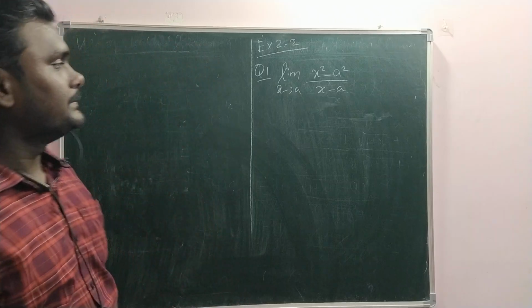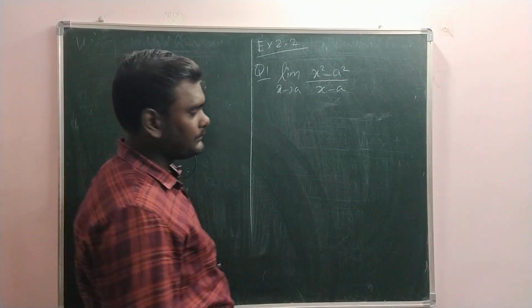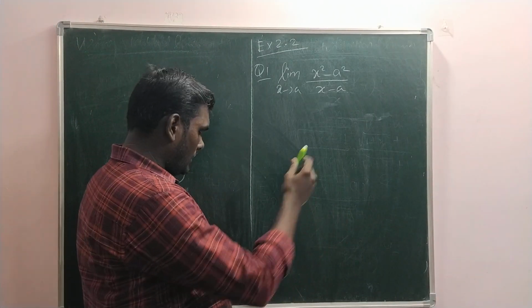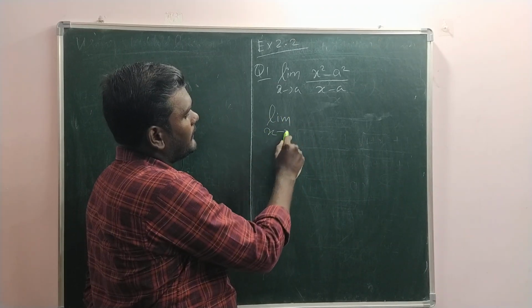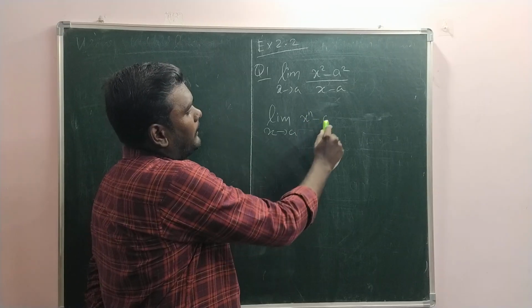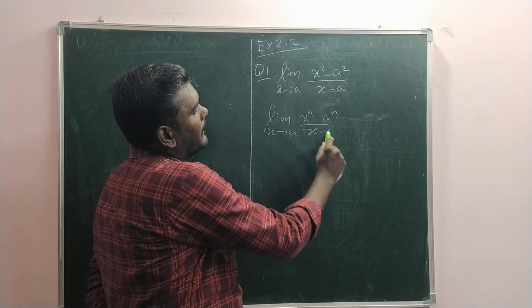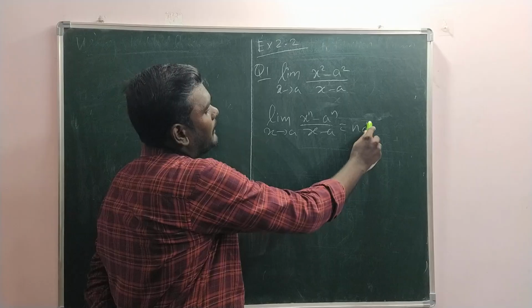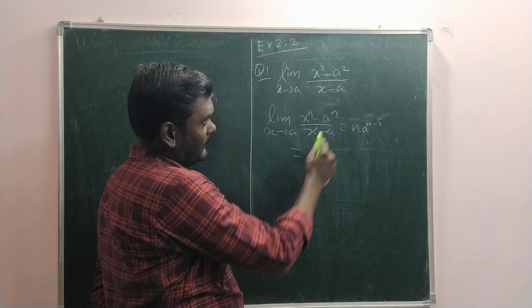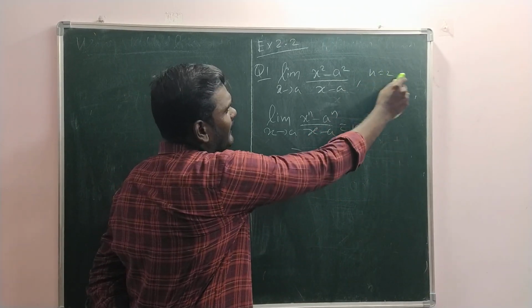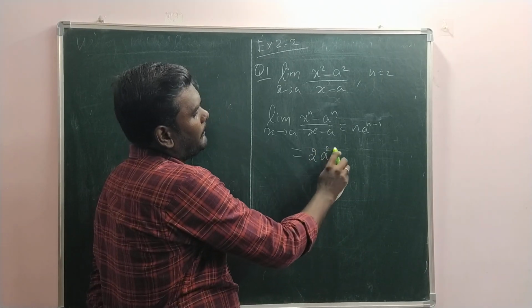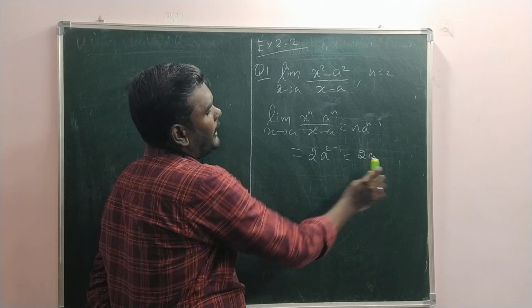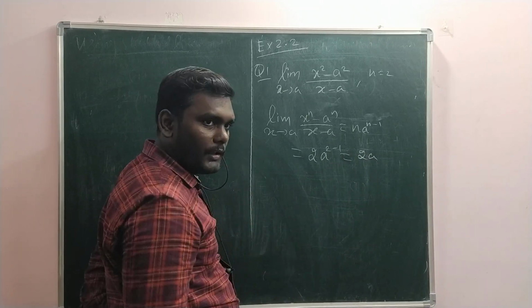What formula is this? We have just seen it: limit x tends to a of x power n minus a power n by x minus a is n into a power n minus 1. So our answer is, here n is 2, a is a only. So 2 into a power 2 minus 1, 2a is the answer. That is it.